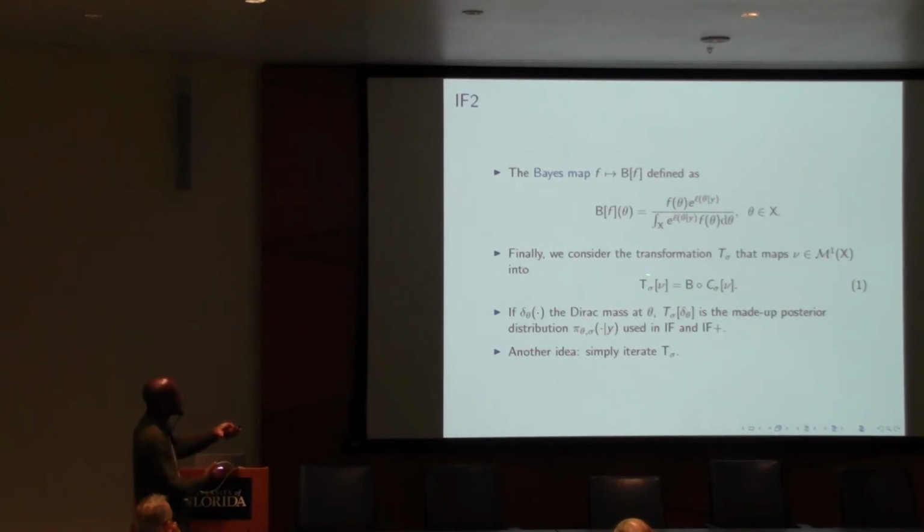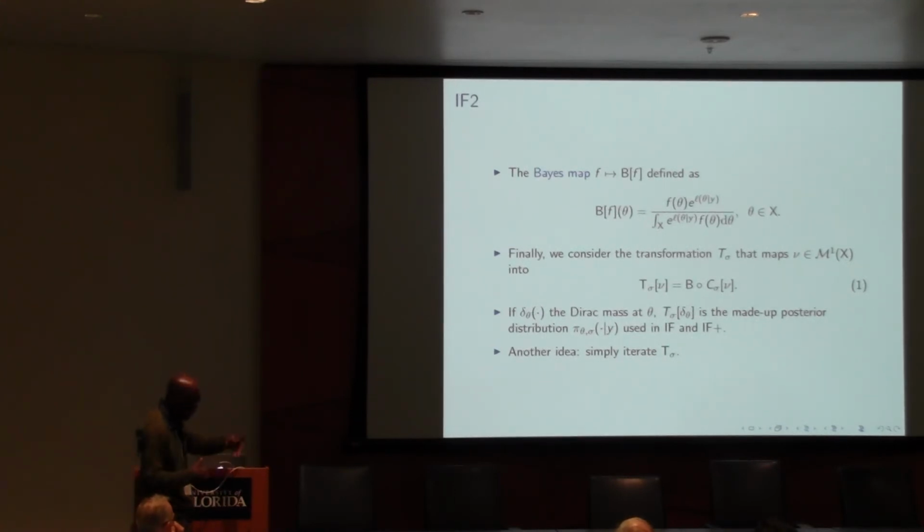So this will be exactly the distribution that I called P sub theta sigma earlier. This is exactly the same distribution. But now I'm allowing myself to consider my prior to be, instead of the point mass, any probability measure. And another idea is: why not just simply iterate T sigma?